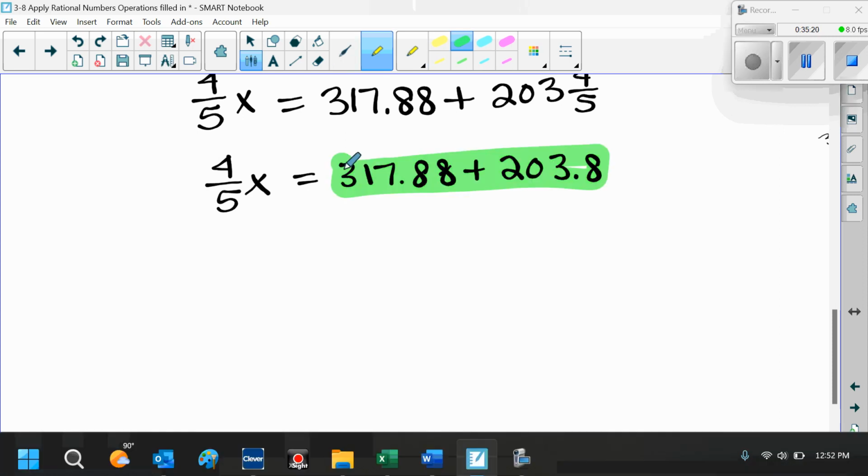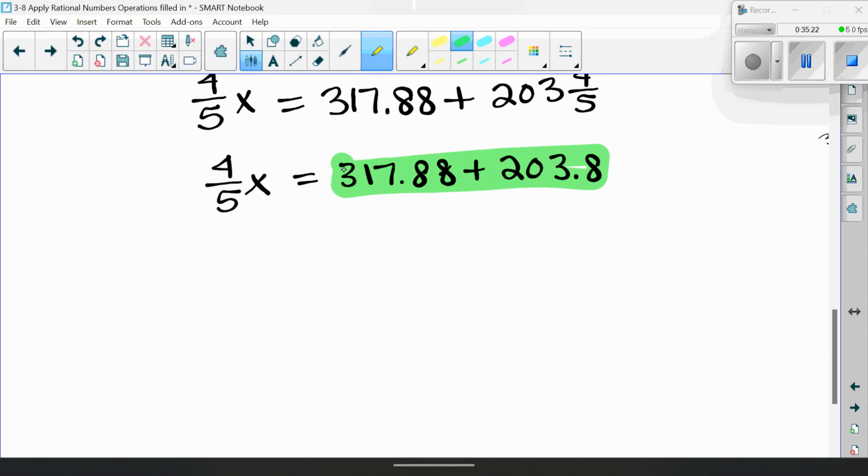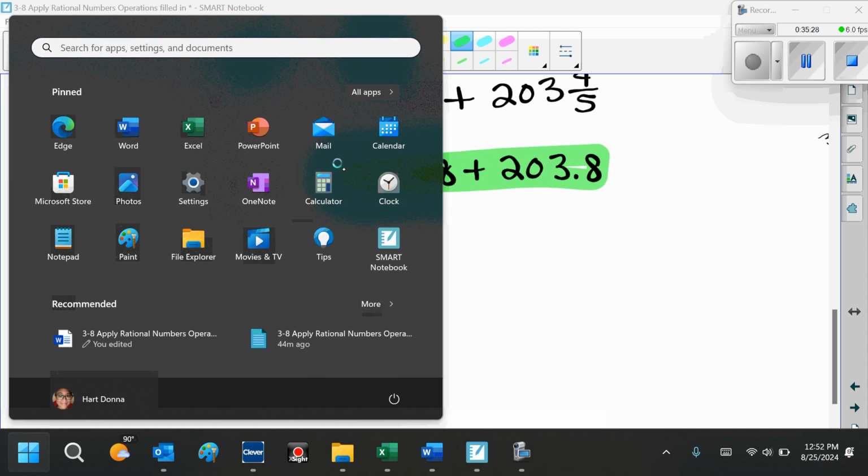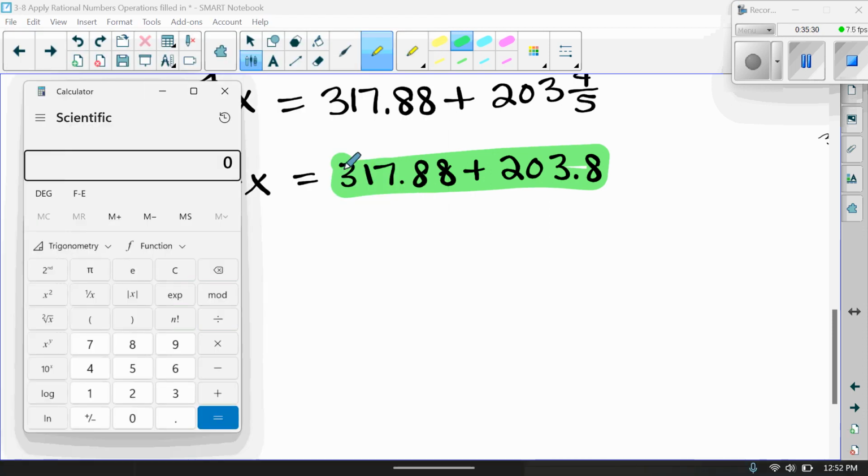So that is, oops, where's my calculator? All right. So here we have 317.88 plus 203.8, and that's going to give us 521.68.